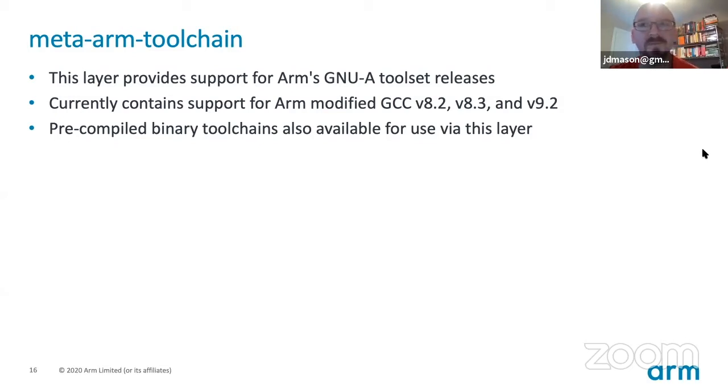In the past year or two, that has been transitioned to be supported by ARM. And ARM is every year, I believe twice a year, releasing software releases of GCC and binary versions of the same GCC toolchains. They are currently 8.2, 8.3, and 9.2. And in this layer, you can easily add these to be used inside your Yocto layers.